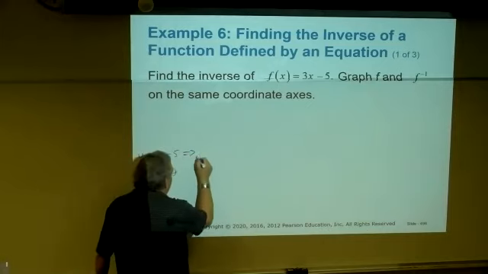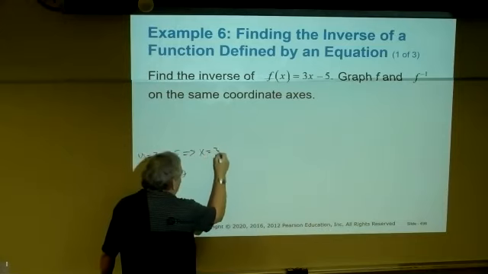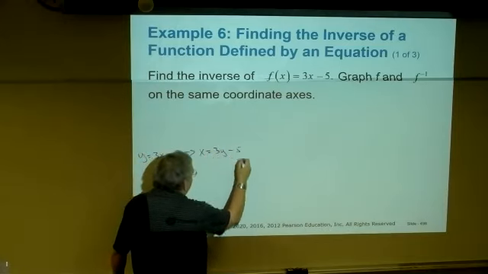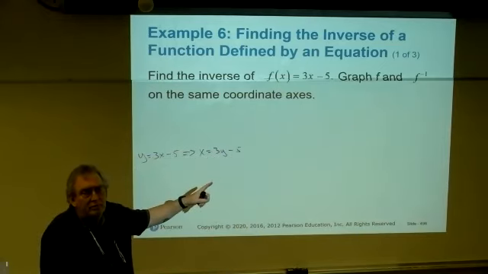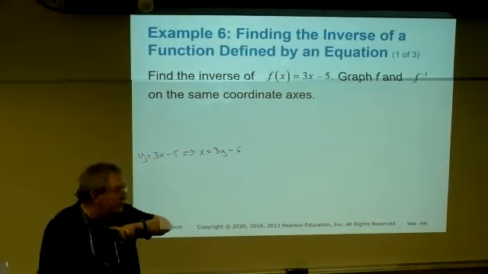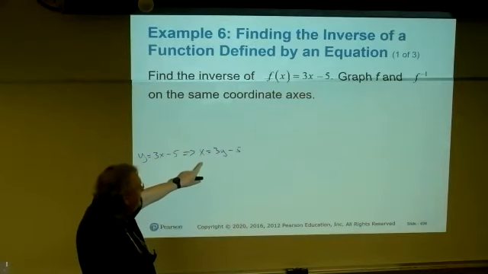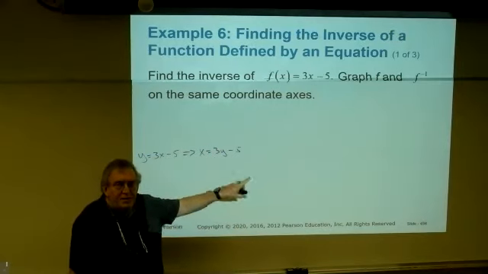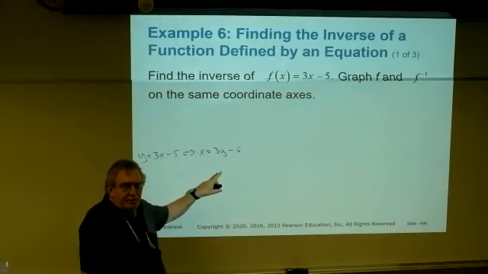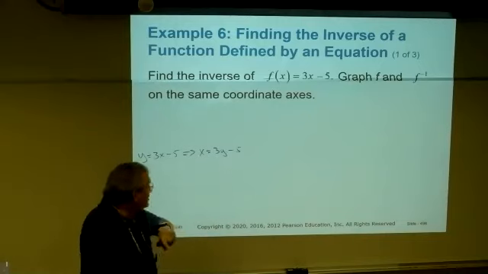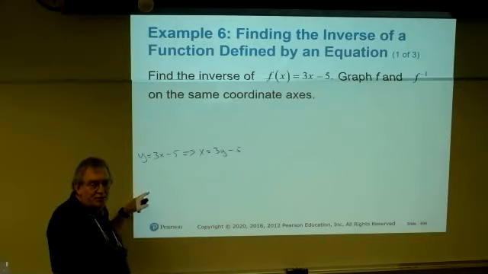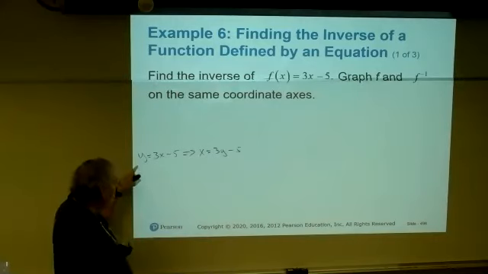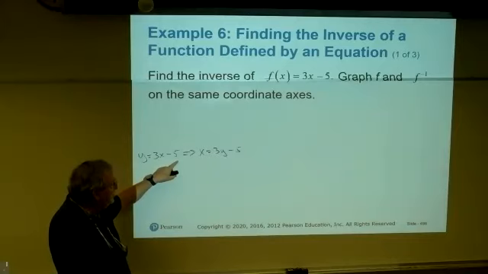So this becomes x equals 3y minus 5, and then we solve for y, which is basically the same thing you said, but it's not the inverse function. That's just rewriting this into a different function. Gotcha. I mean, an implicit form of the function. This is an explicit form of the function.